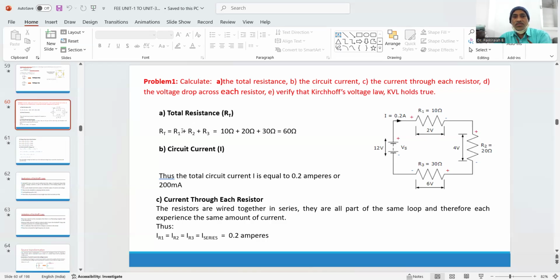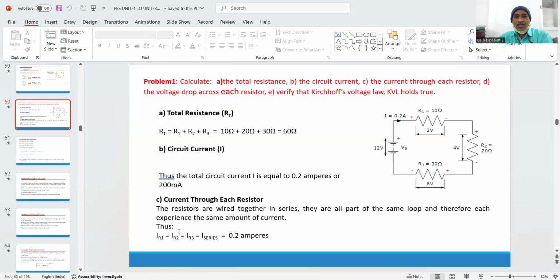You can see some resistance parameters mentioned here: R1 10 ohm, R2 20, R3 30. The DC battery supply I have given here is 12 volts, and the current flowing in this series circuit is about 0.2 amps.